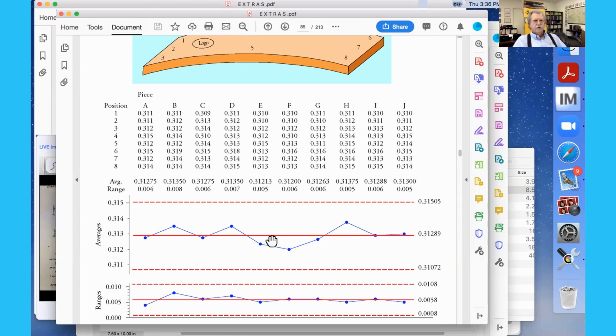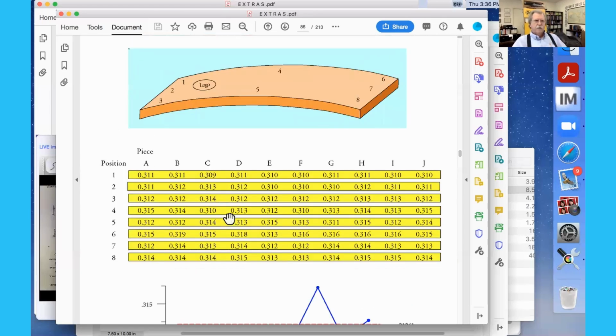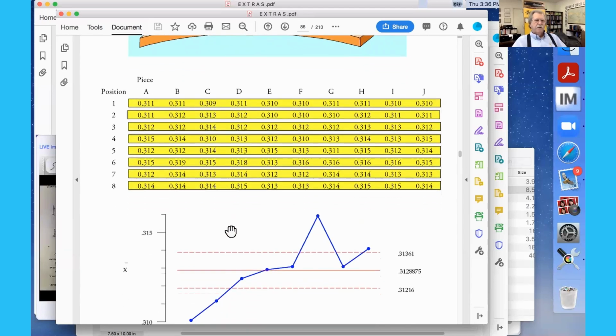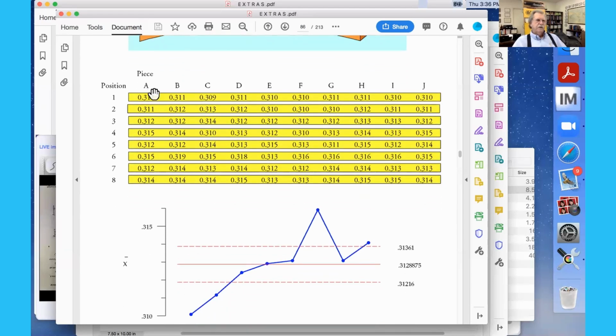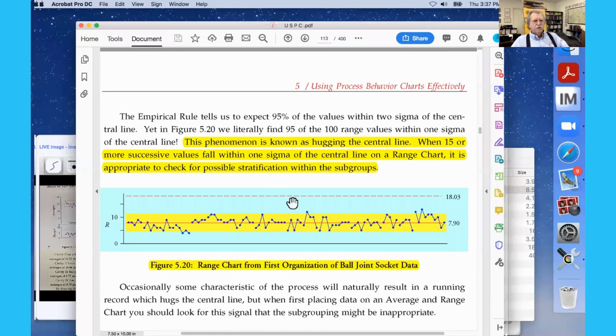You see on the very next graph are differences. The 8 positions have appreciably different averages, and those differences create the stratification. The stratification manifests itself with charts where everything's hugging the central line.